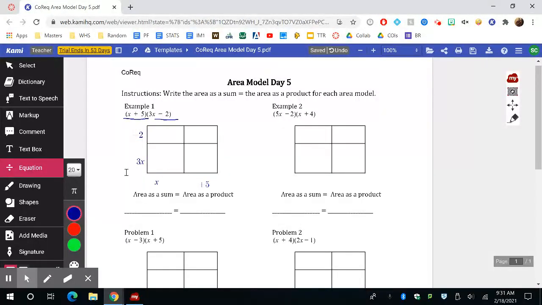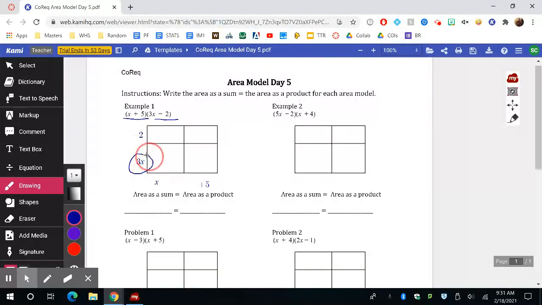Okay, so we're going to multiply everything and write it down in here. So in order for me to get this part of the rectangle, I'm going to multiply 3x and x. Now, if you remember from the properties of exponents, when we're multiplying an x by an x, we have the same base.